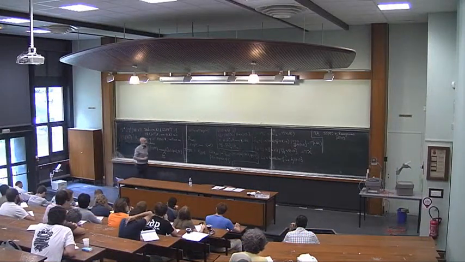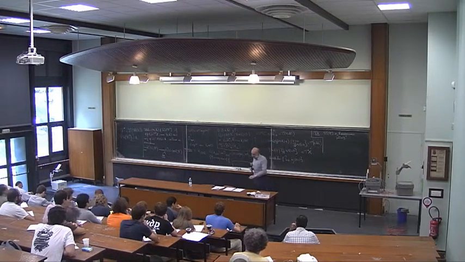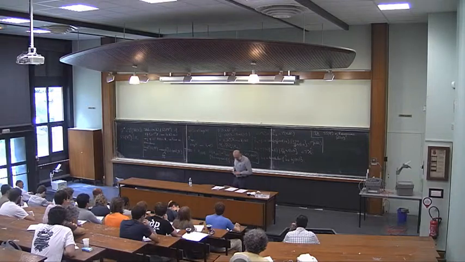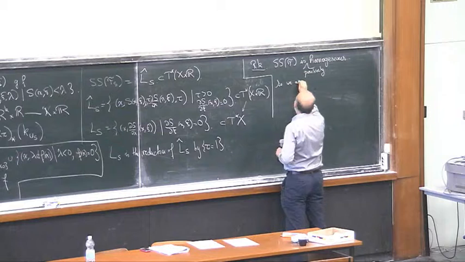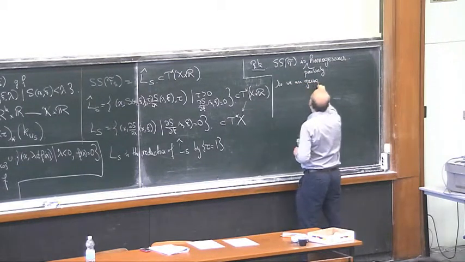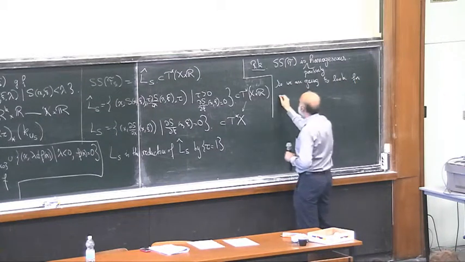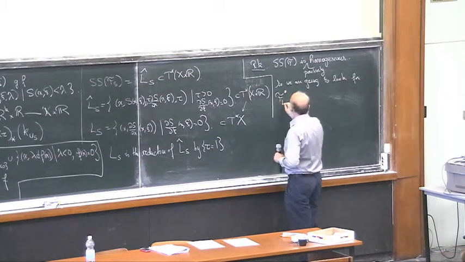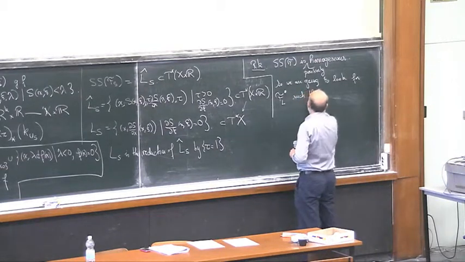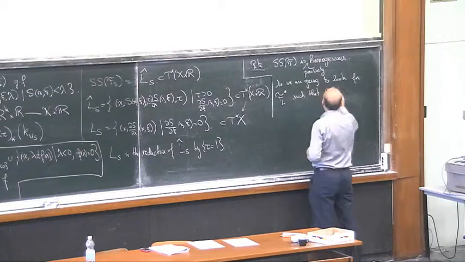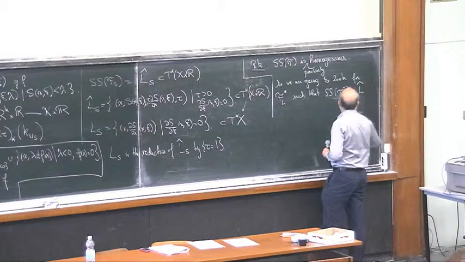So the idea is that you're not going to do that for L. So we are going to look for a sheaf F star, which I write F star L, such that the singular support of F star L is L hat.